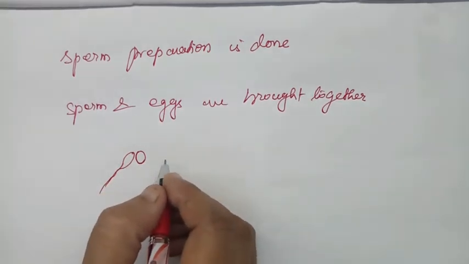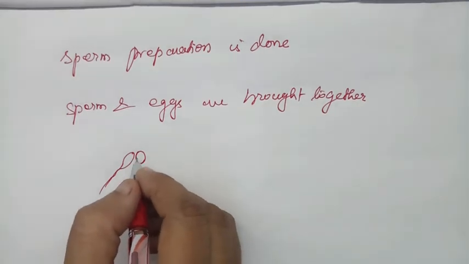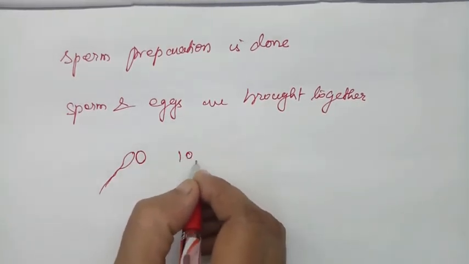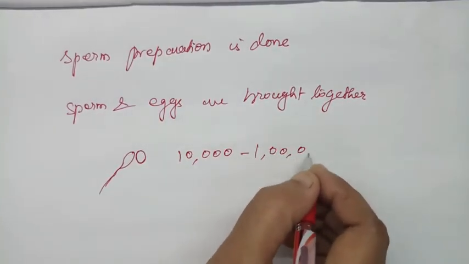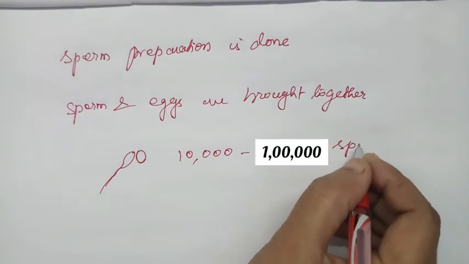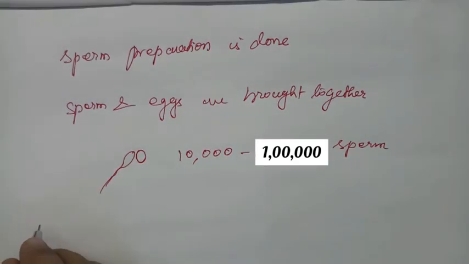Now the fertilization is happening, and for a single egg at least 10,000 to 1 lakh sperms are needed for fertilization.